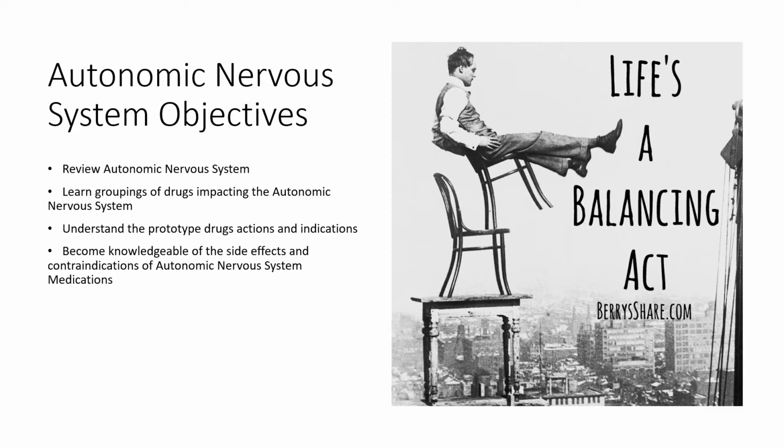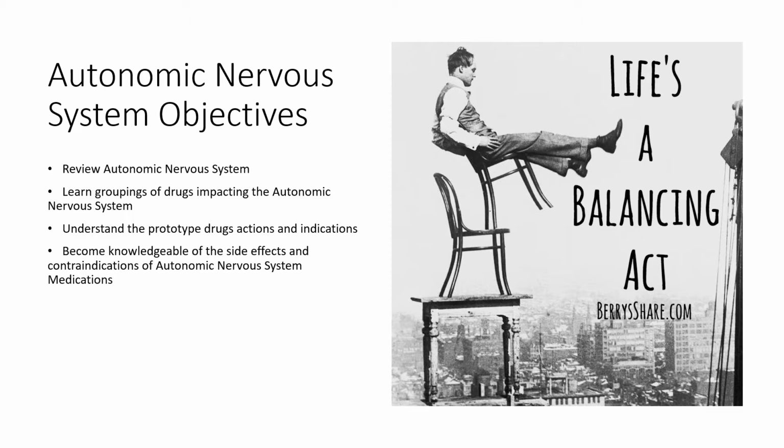Now, I just want to tell you, I am going to purposely repeat myself with some of these slides because this takes a bit of repetition. It's not like you need to know every detail of these systems and every nerve, but a basic understanding of what you would expect to happen if the sympathetic system was stimulated or inhibited, or if the parasympathetic system was stimulated or inhibited, is important.